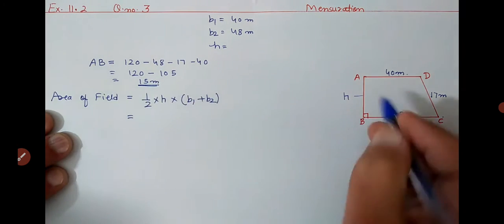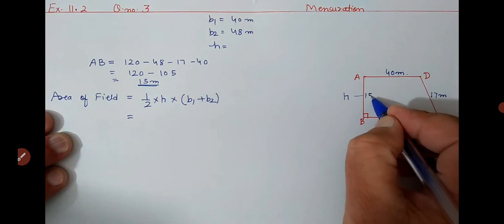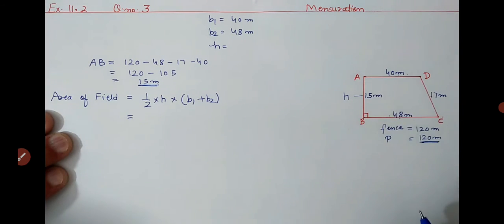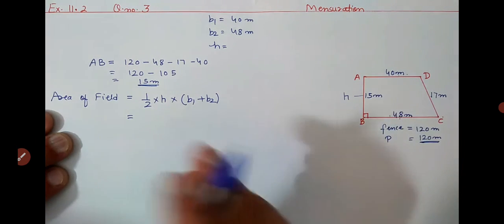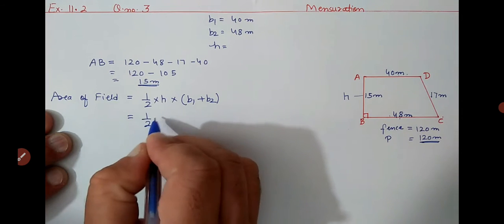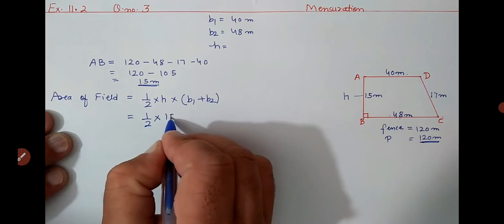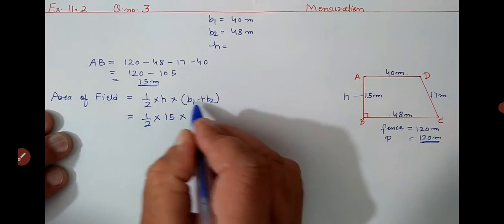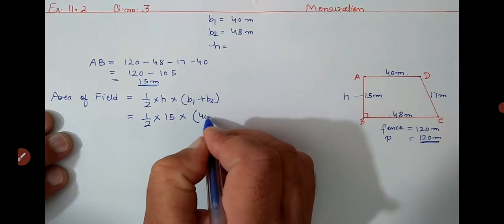So AB is equal to 15 meter. Now you can easily find the area of the field, which is the area of the trapezium: 1 by 2 into 15 into (40 plus 48).